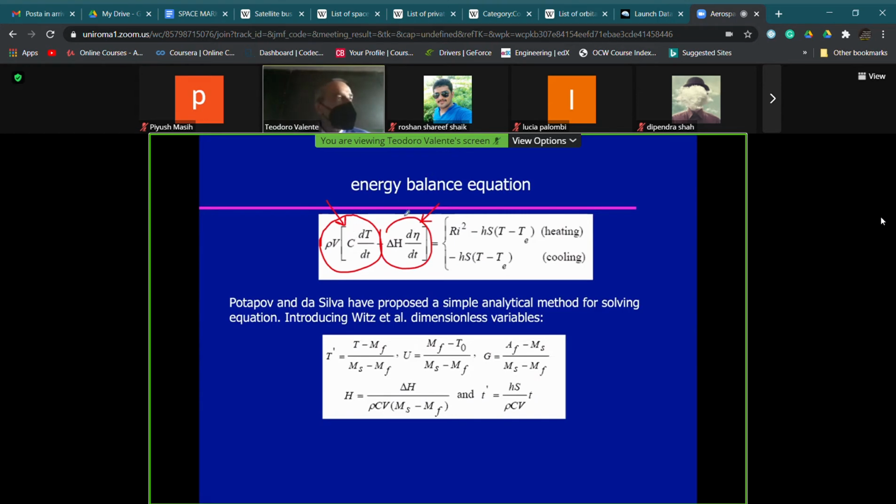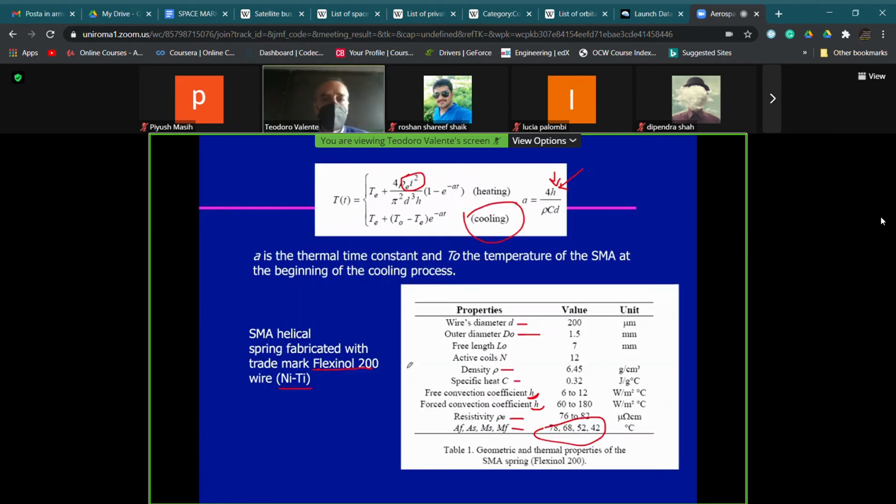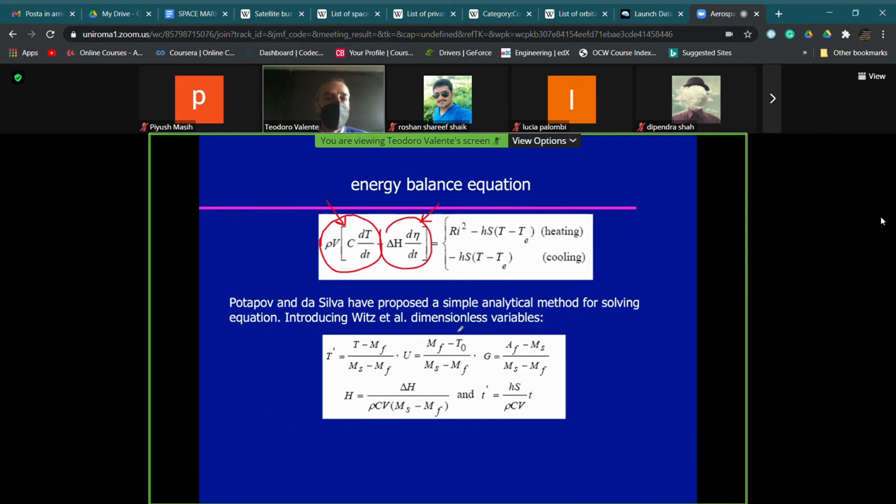If we use this general formulation for the fourth term of our equation, we have just modified this equation by using the latent heat of transformation. The second term still remains the same, obviously.